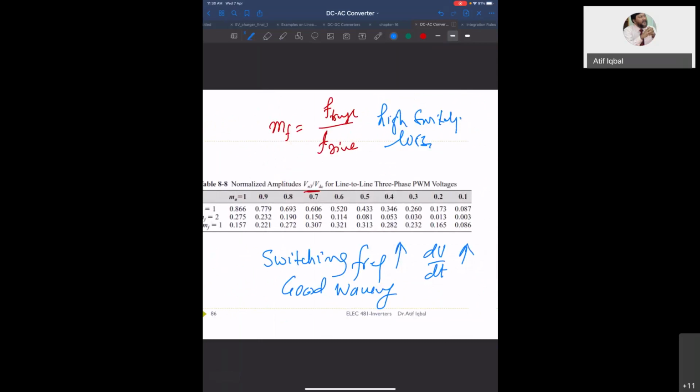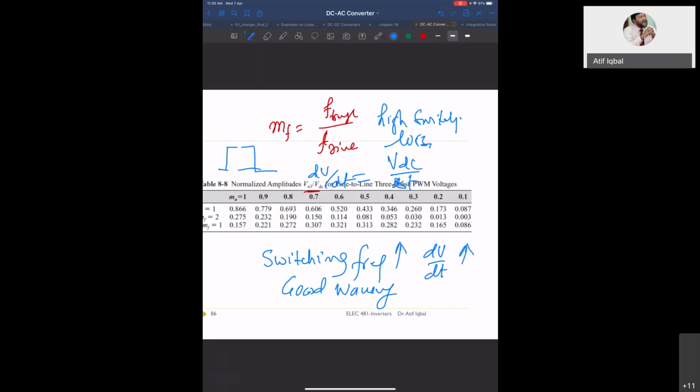If we talk about the pole voltage, it's only two levels, VDC and 0. So dV by dt will be VDC divided by the time at which you are switching on and off. So high dV by dt means the stress on the switches is high.